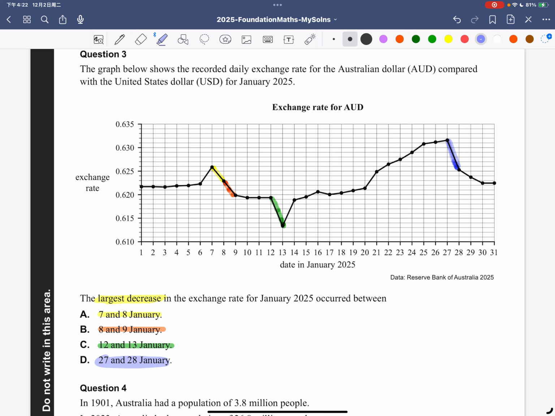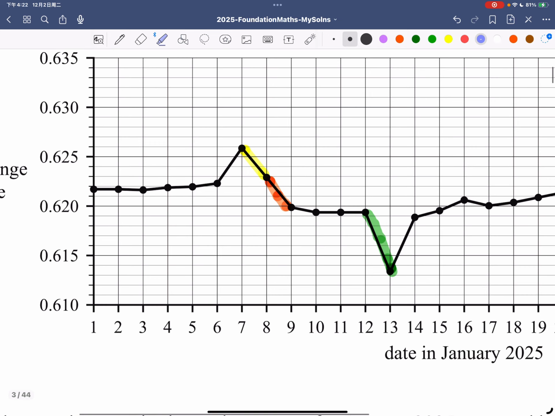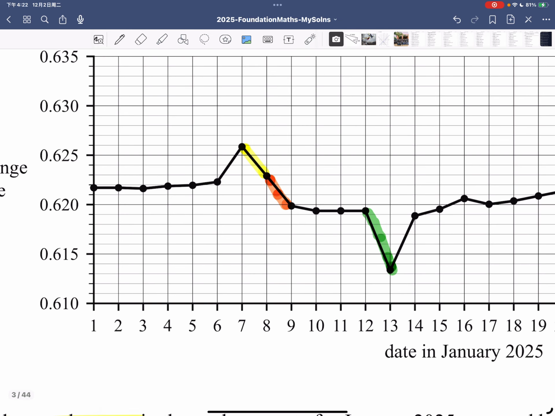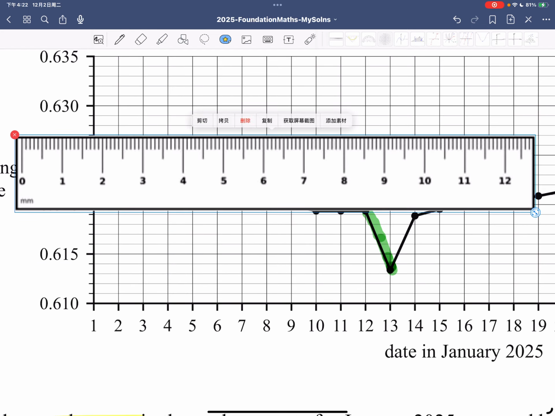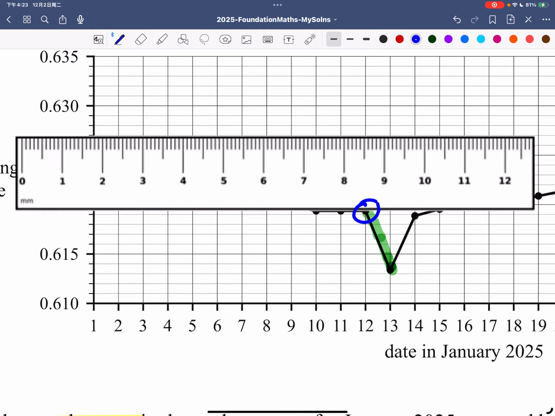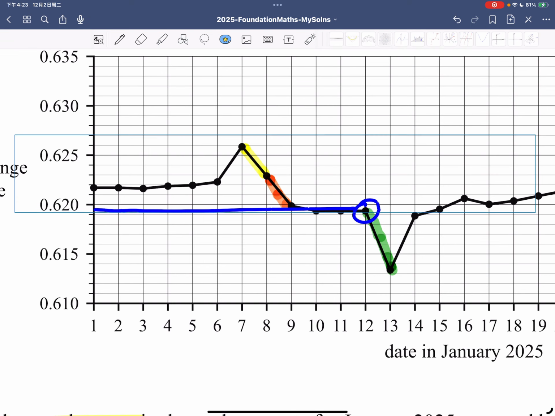However, if you look at the values closely, what I would suggest is you use a ruler to locate the values. For example, if you look at this dot here, you could actually draw a line. Let's have a look.